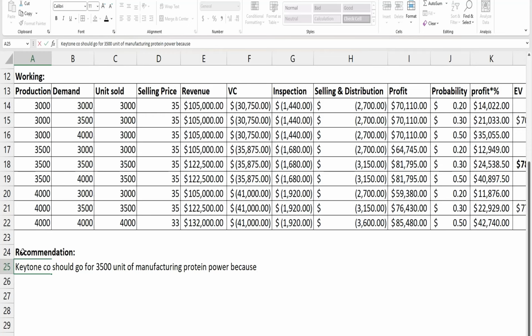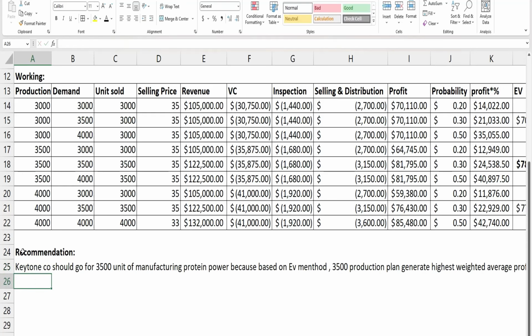Because based on the EV method, or expected value method, the 3500 production plan generates the highest weighted average profit. Yes, weighted average profit. So in this way you can write down the recommendation. So we are done with requirement A.